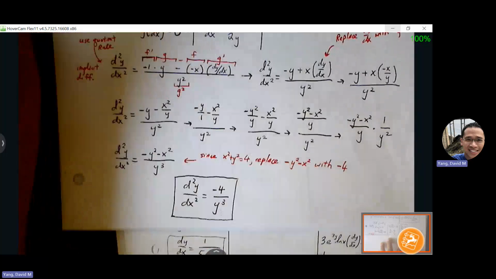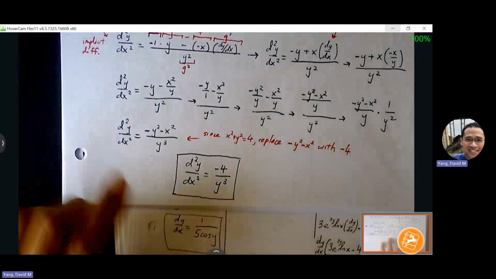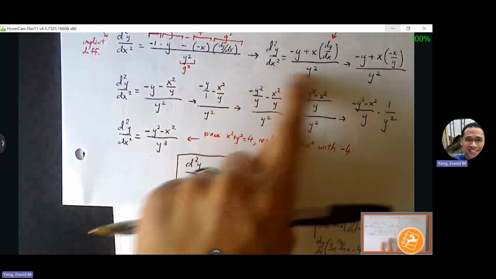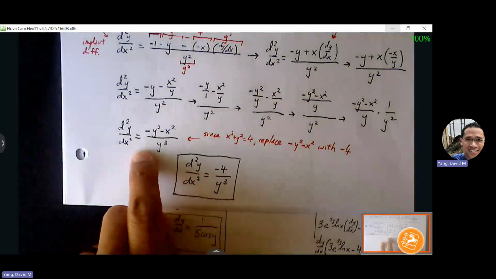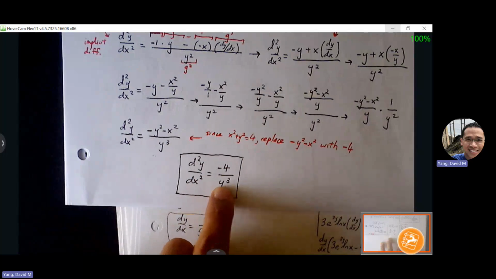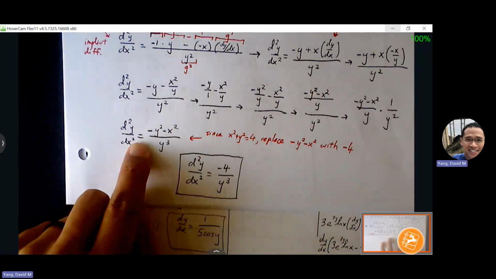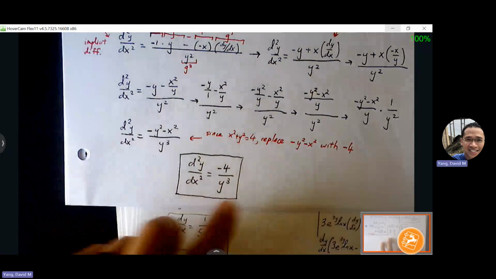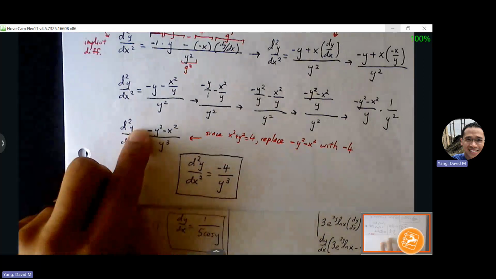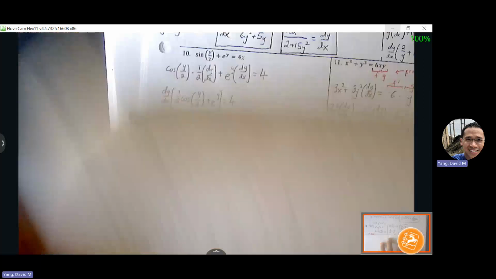Again, for free response, this is perfectly fine. If they ask you to represent your derivative purely in terms of x and y, any of these options are fine. But if it's multiple choice, I just want you to be able to know how to get to this answer choice if you're stuck here. That's really the whole purpose of this, just so that we know how to get to this answer choice from here.